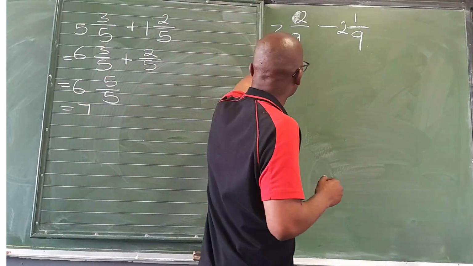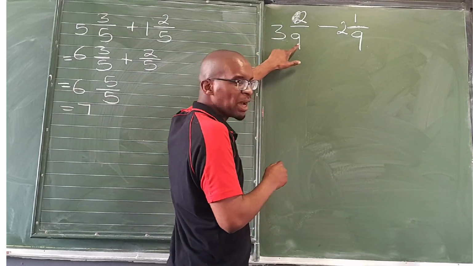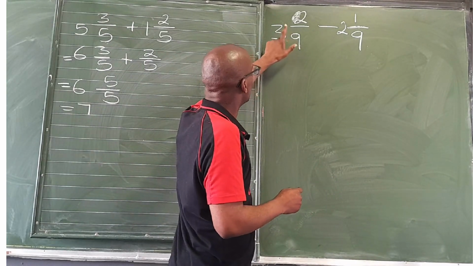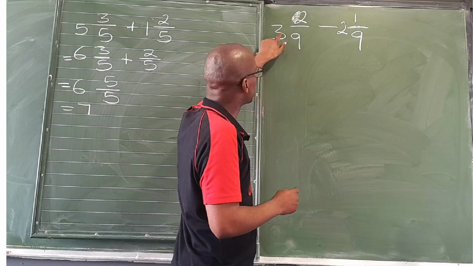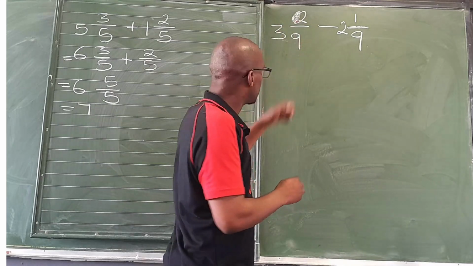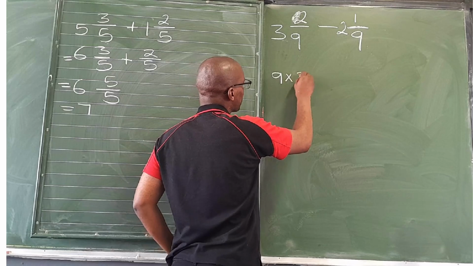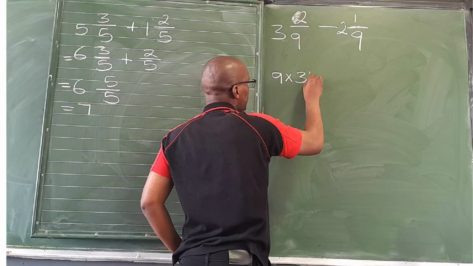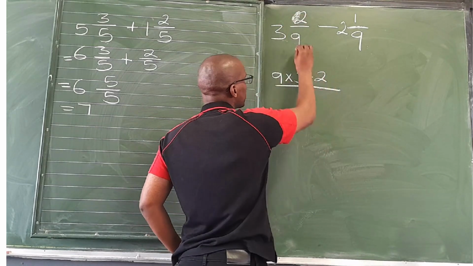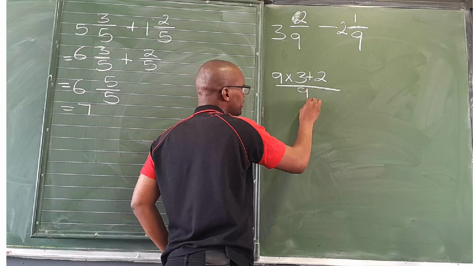First of all, looking at this one, you multiply the denominator with the whole number, and then you add the numerator. So I am going to say 9 multiplied by 3 plus 2, the denominator stays the same.